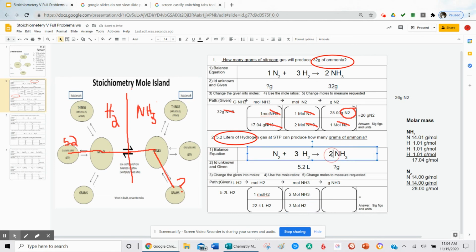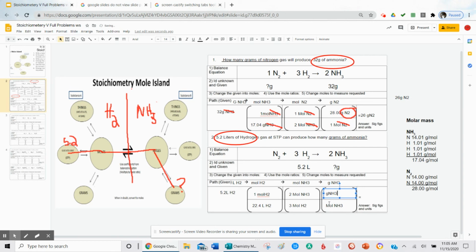So 2 for my ammonia, 3 for my hydrogen. So now I've converted to my moles of ammonia. And now I just want to take those moles of ammonia and convert them to grams. So I don't want to be on moles of ammonia island. How do I get rid of it? I put it on the bottom, moles of NH3, and I'm going to grams of NH3.